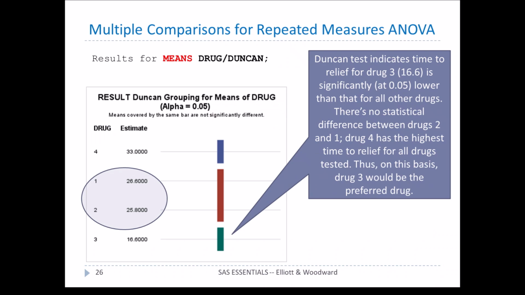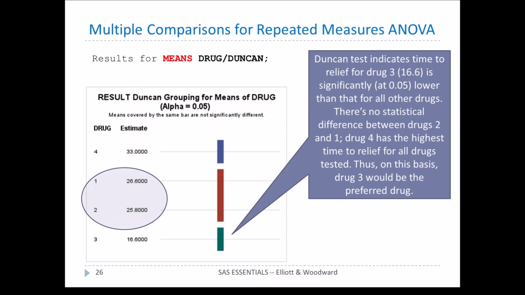All right, again, in this case we asked for the Duncan comparison. It looks very similar to the Tukey comparison, where we have the drug listed over on the left, 4, 1, 2, 3 in order of the size of the mean, where they have estimates 33, 26, 25, and 16.